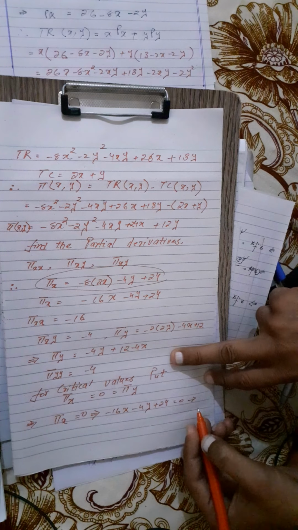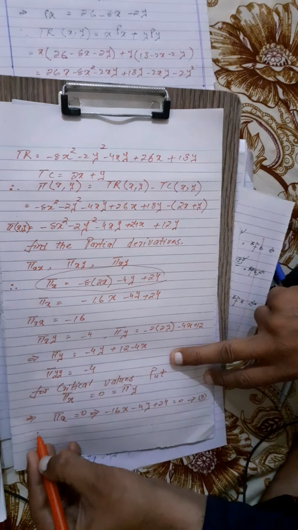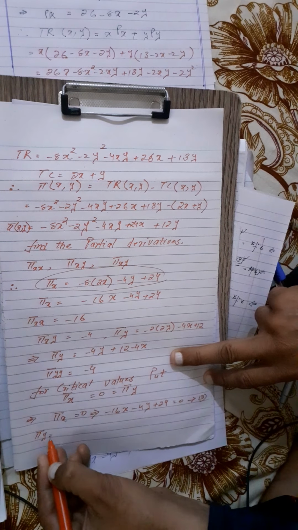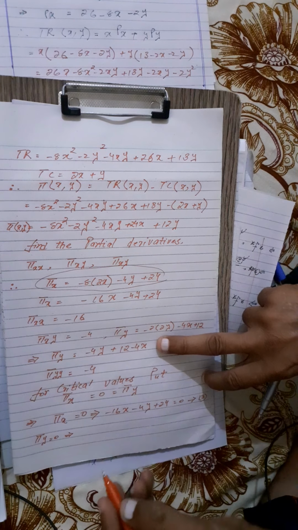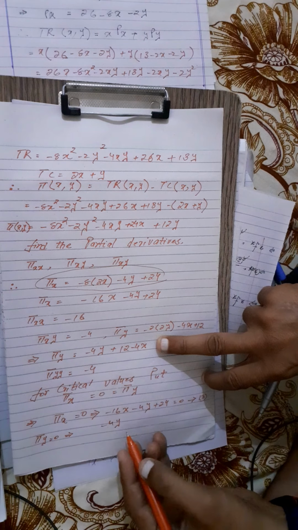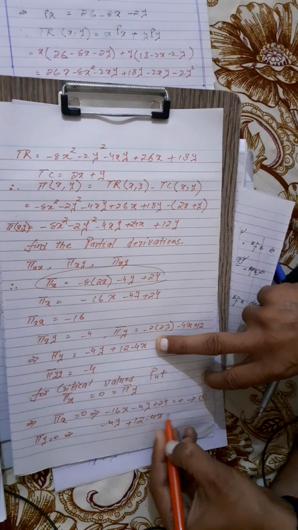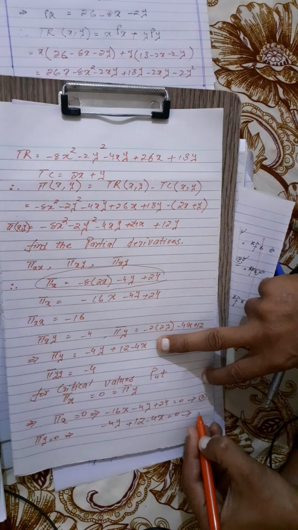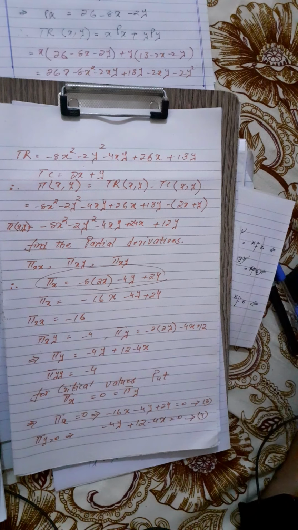This is our third equation. Similarly, pi y equal to 0 implies that minus 4y plus 12 minus 4x equal to 0. This is the fourth equation. Now we will solve these equations simultaneously to find the values of x and y.